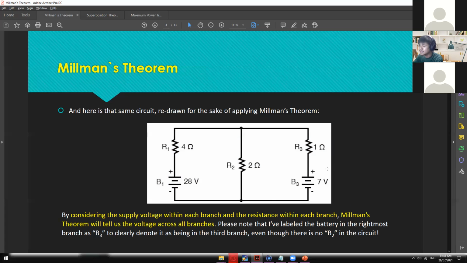Meaning that is the voltage stabilized once everything is connected, let's say 7 volts and then 28 volts. So the voltage solved is the voltage across those branches: branch 1, branch 2, and branch 3.